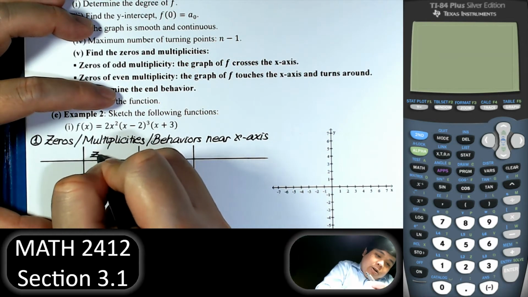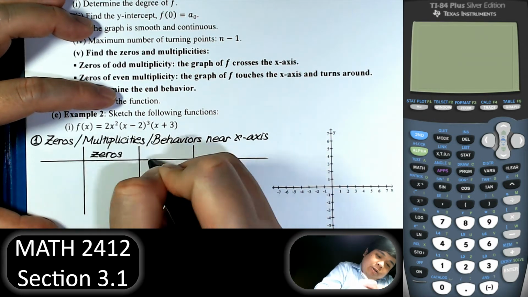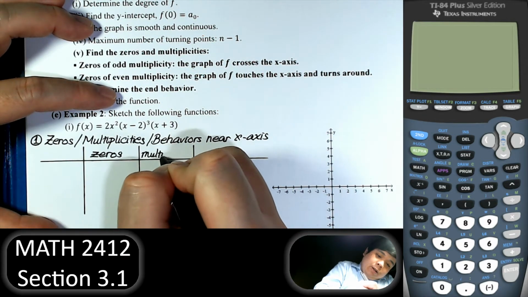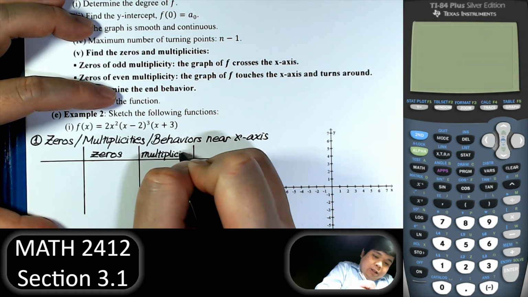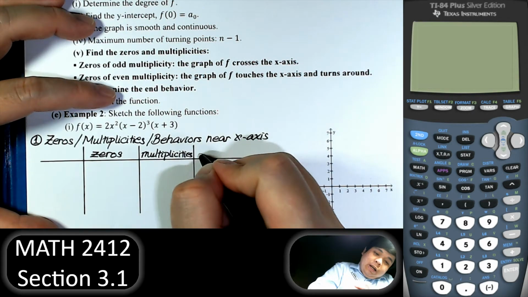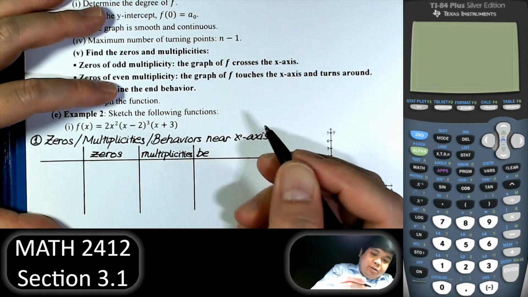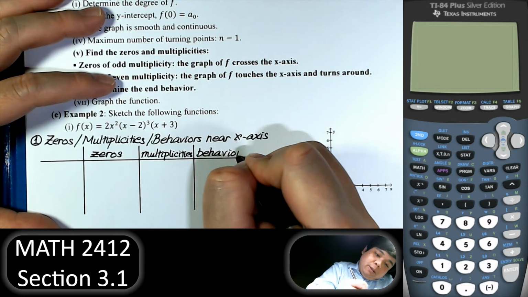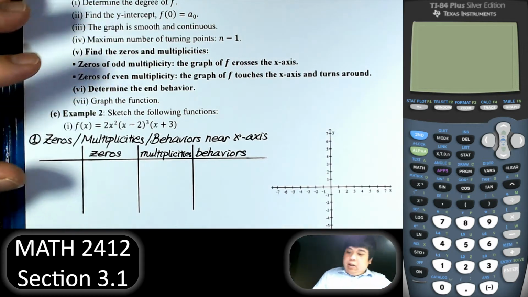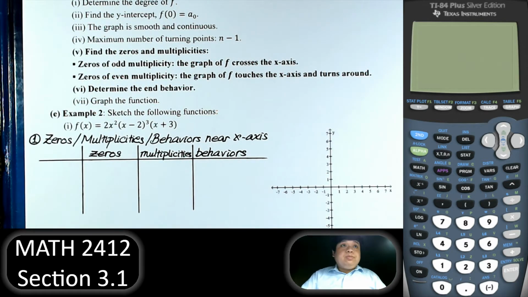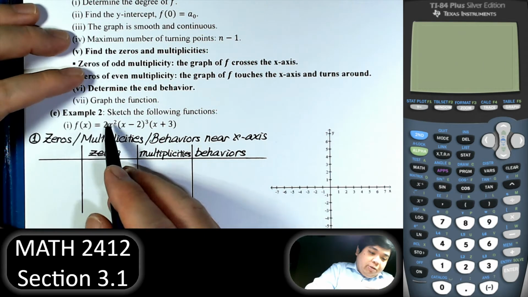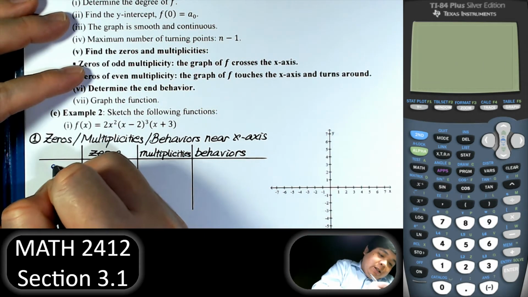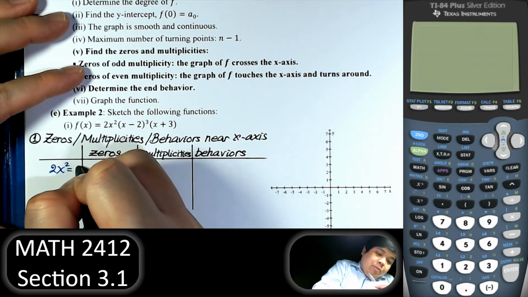Right, zeros, multiplicity, and then behavior near the zeros or near the x-axis. Right, so first we have the factor of 2x squared. Make that equal to 0.